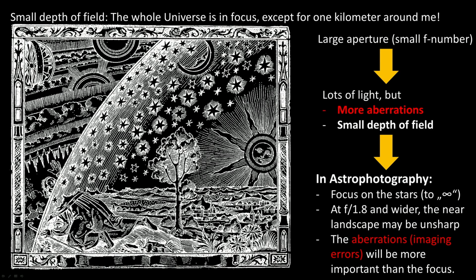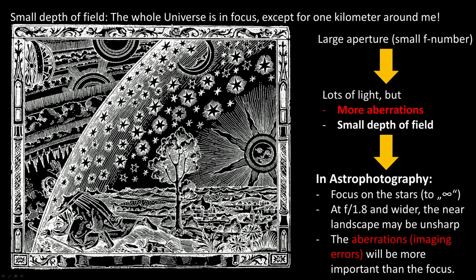Just a quick word about depth of field. Anybody who does photography is aware that taking pictures with very open lenses has the problem that you have a small depth of field. That is not a problem here in astrophotography, or not a large problem.